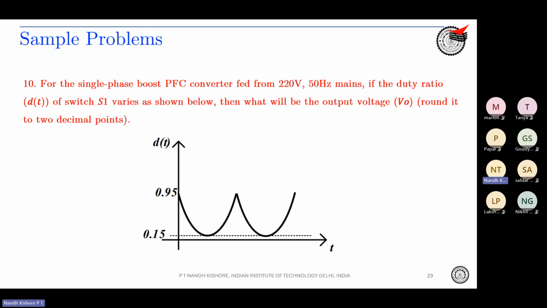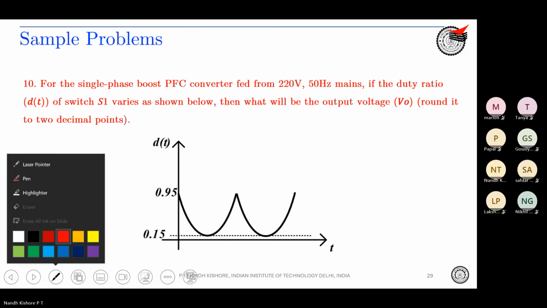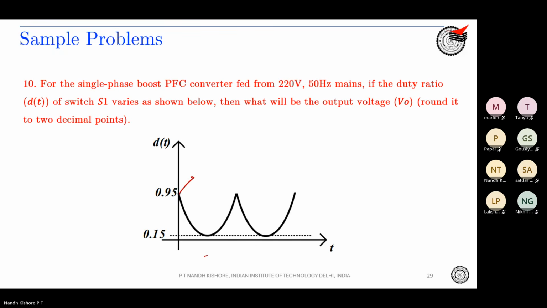They have shown that D max is 0.95, D min is 0.15. This is the duty ratio of switch S1. What will be the output voltage?